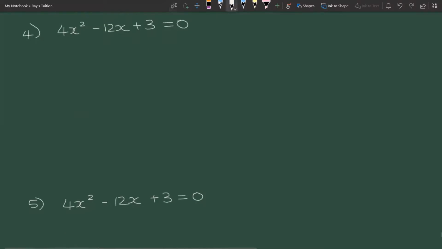So let's do these last two. So we would like to identify A, B, and C, and then we use the formula x is equal to minus b plus or minus the square root of b squared minus 4ac all over 2a. So it's minus b, so minus 12, again there's a negative.